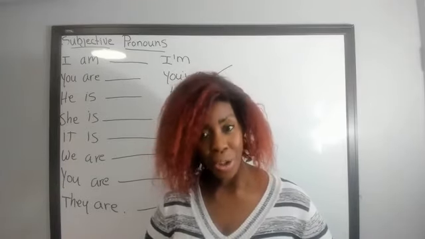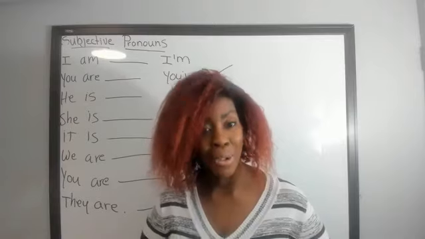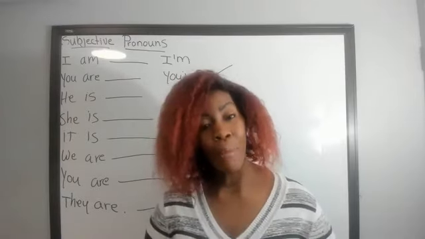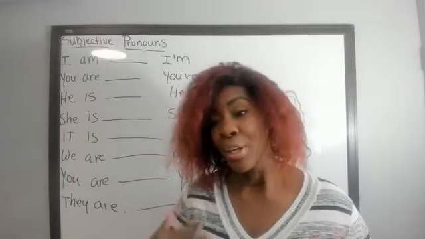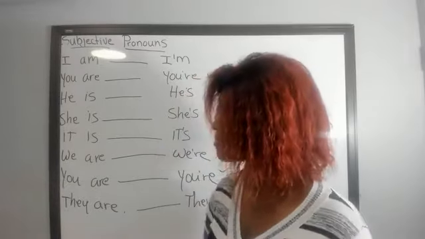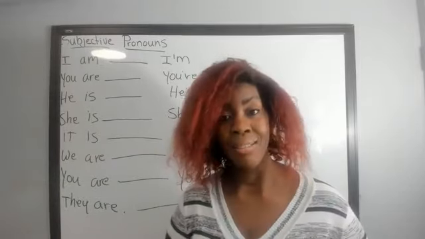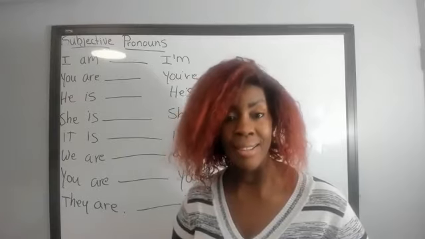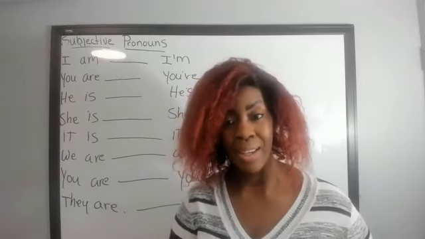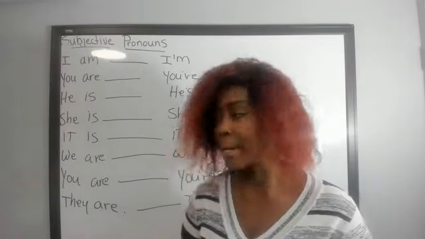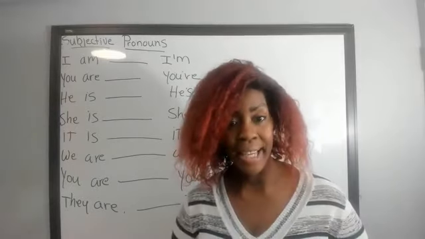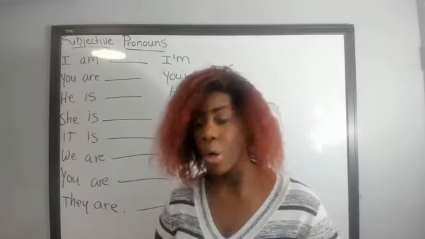I am your teacher, or I'm your teacher. You are my student, or you're my student. He is in class, or he's in class. She is sleeping, or she's sleeping. It is working. It's working.